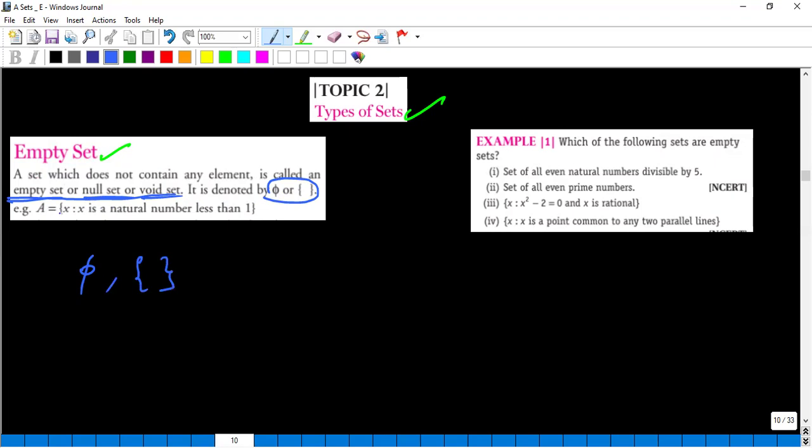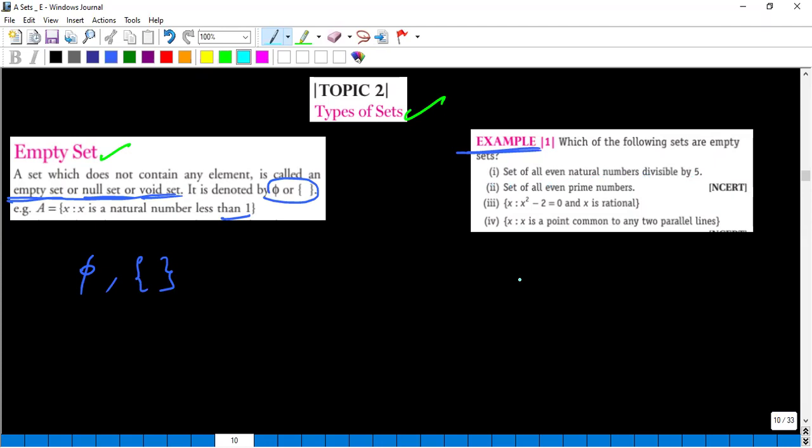See one example here: x such that x is a natural number less than 1. Of course, we can't see natural numbers less than 1. Natural number starts with 1 only. So that particular set is empty. Example 1: which of the following sets are empty? Set of all natural numbers divisible by 5.